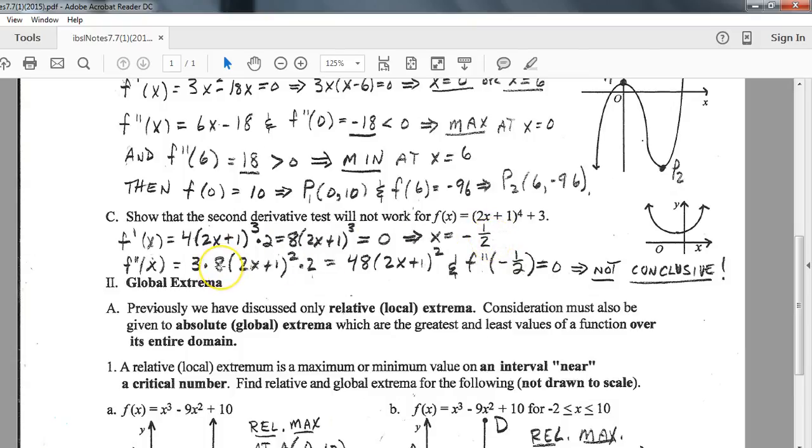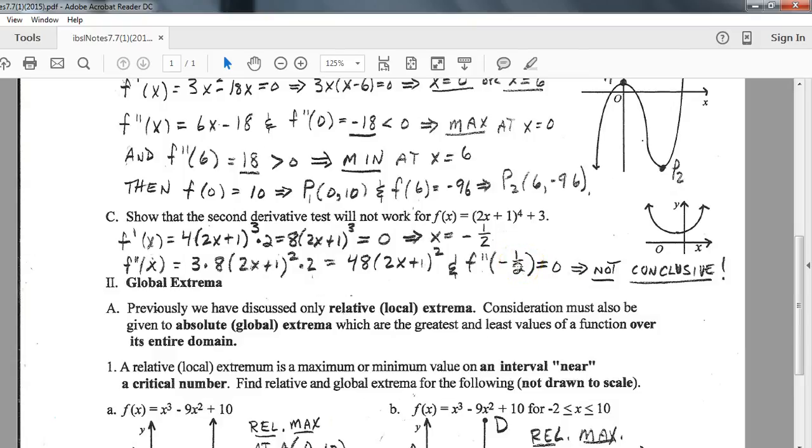If I find the second derivative, like you're seeing here, and I sub in that number, I get 0, which is inconclusive. So that might be a point of inflection, but we don't know for sure. I could test a couple numbers on either side of this and see what happens.